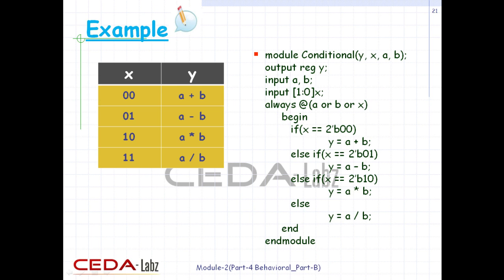Else the second condition, x equals 2'b01, where a and b must be subtracted. Similarly, the third condition and fourth condition. The fourth condition doesn't need to be mentioned, as it is the only case left. And then the begin block is terminated by the keyword end, and our module is terminated by endmodule.